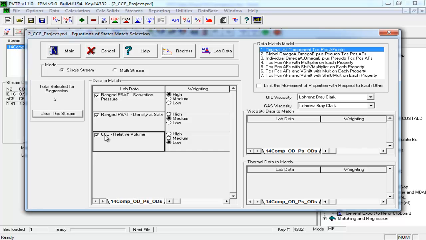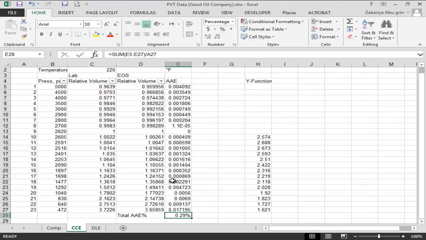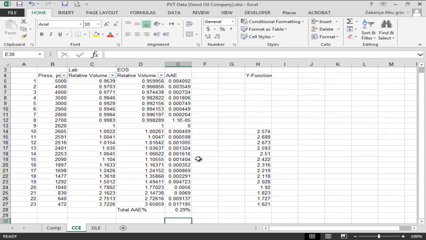So now we have calculated the absolute average error for the equation of state, and we found that we don't need to match that. But before all of this, have we done the quality check for our data?